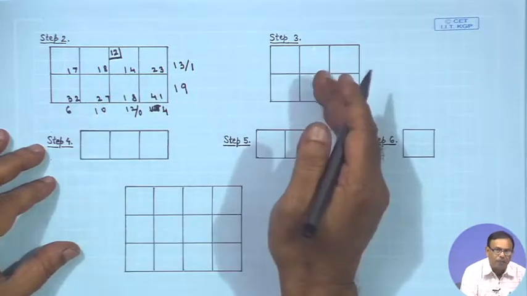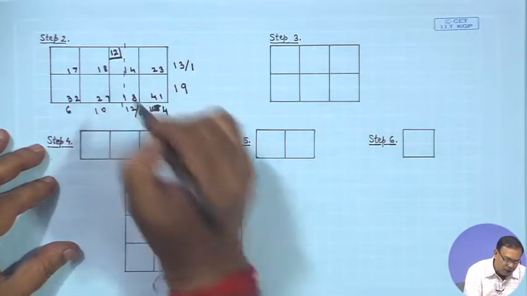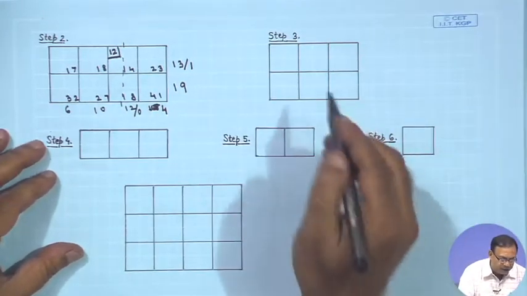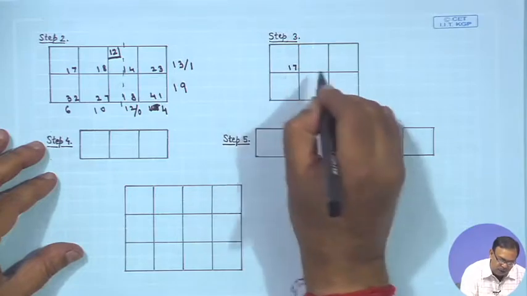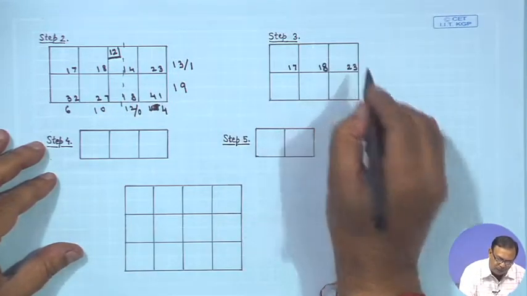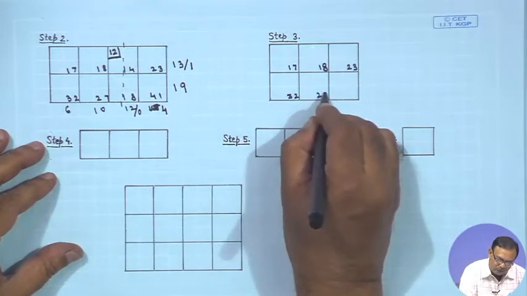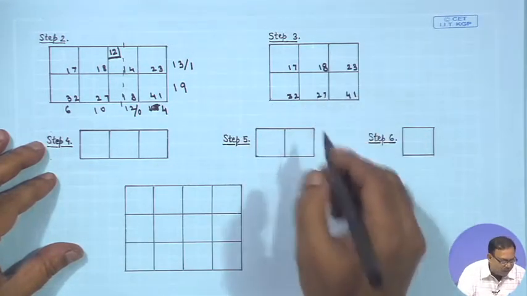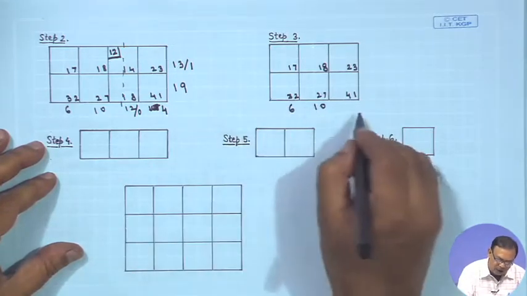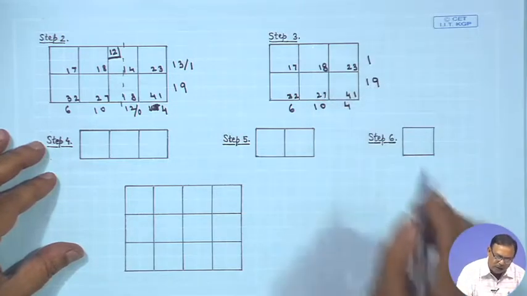In the next step, I will remove this particular column because I have already allocated here. So, in the next table there will be 17, 18 and 23, for the next row 32, 27, 41, here 6, 10 and 4 as it is, and for this case it will be 1 and 19.